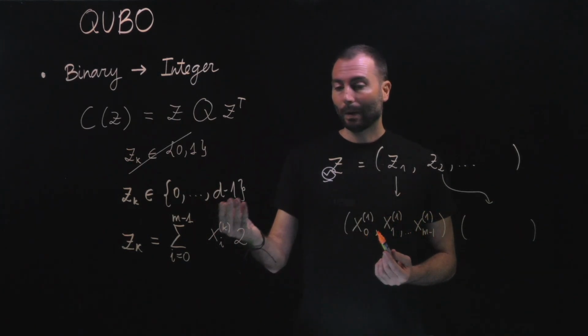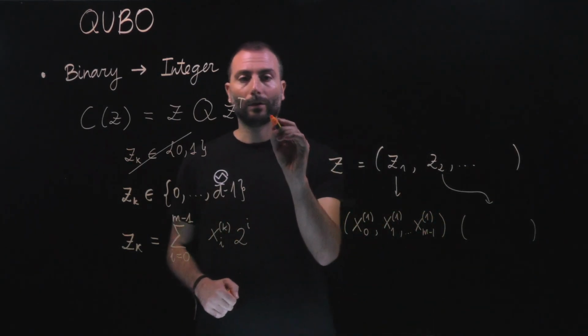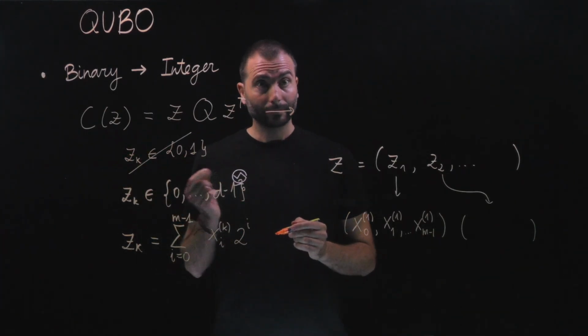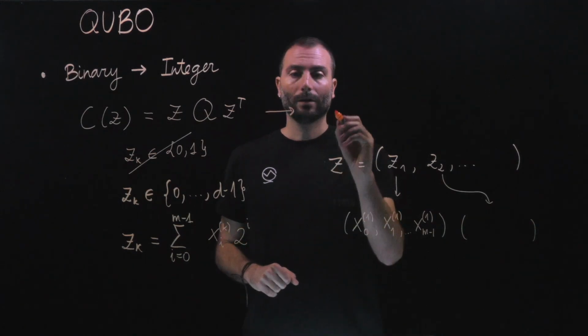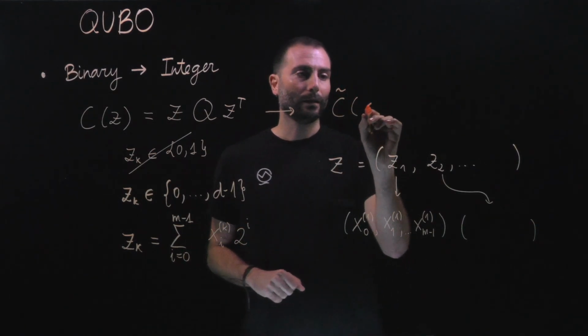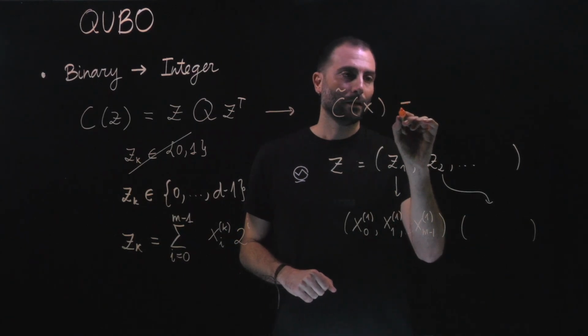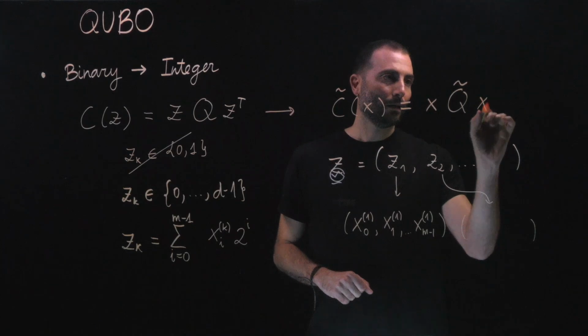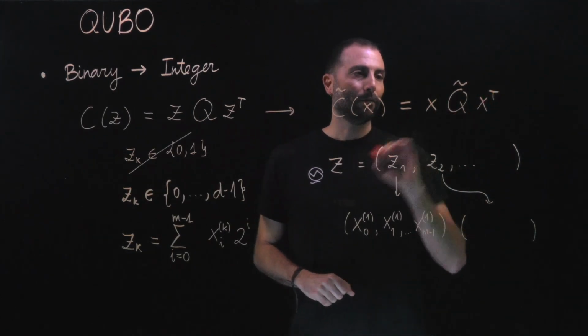So by doing this, we are able to transform this cost function, that depended on integer values, into another cost function that is also quadratic, but depends on binary values.